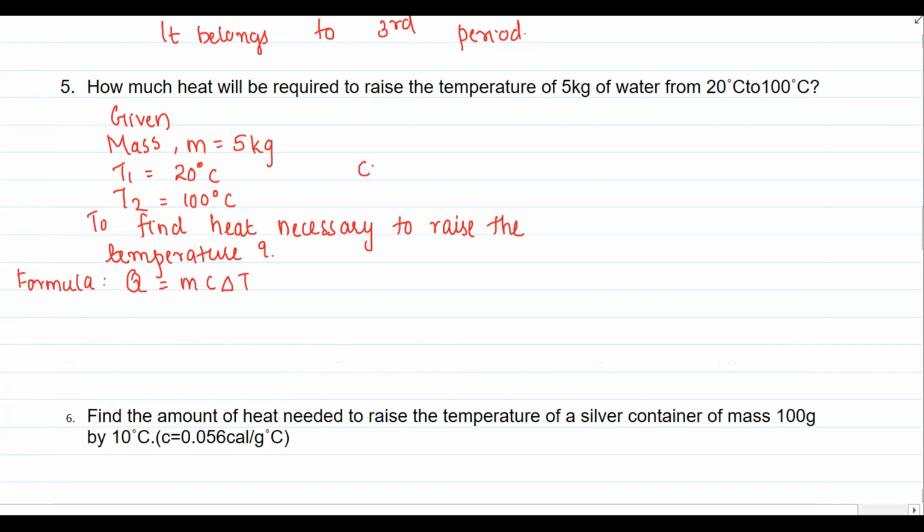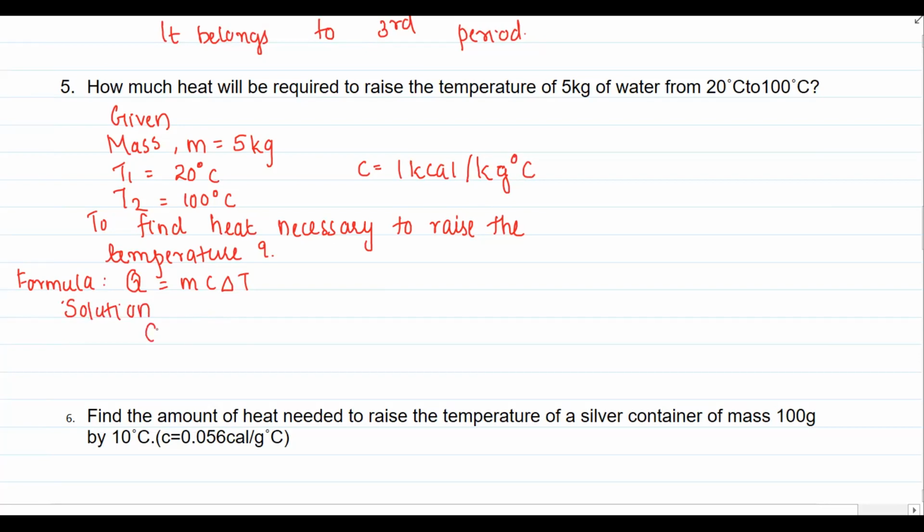Specific heat of water is 1, here the mass is given in kilograms, so we have to write 1 kilocalorie per kilogram degree Celsius. Okay. So let us solve this solution.